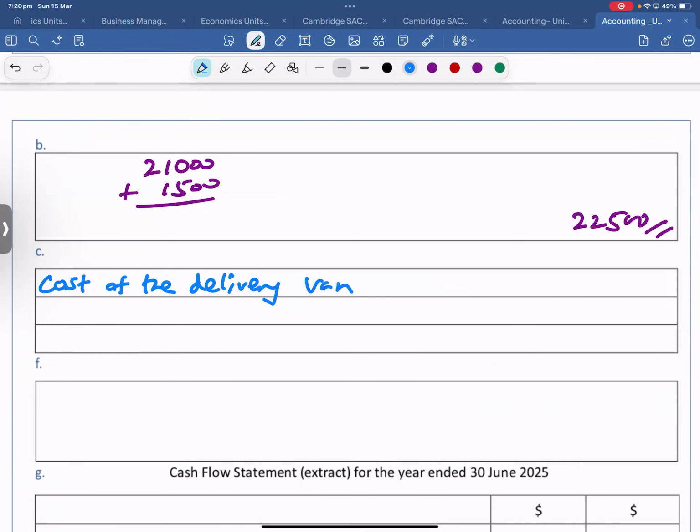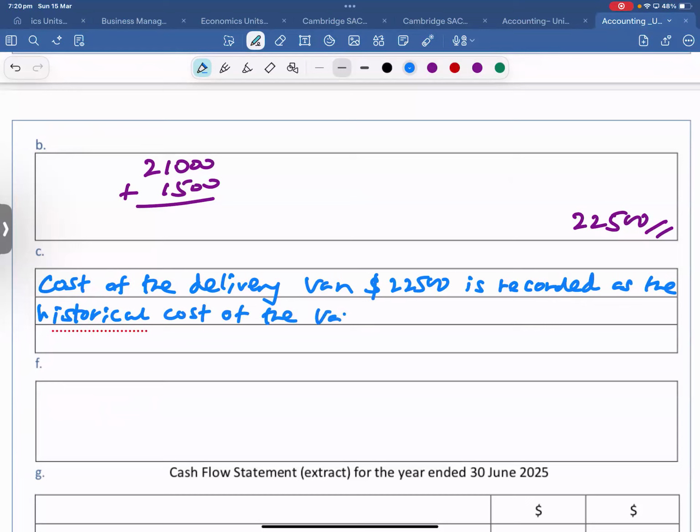Yeah, 22,500, yes. It is recorded as the historical cost of the non-current asset of the van.